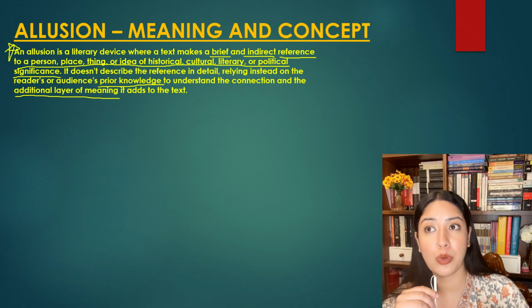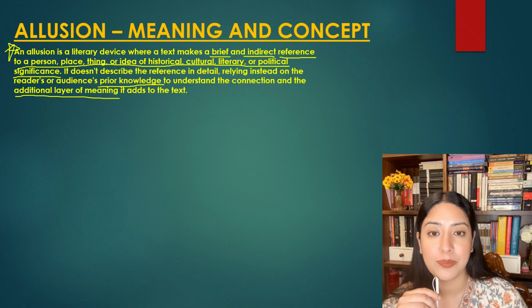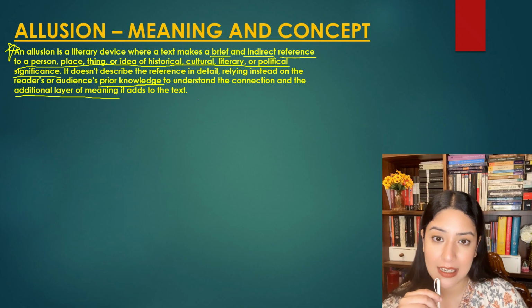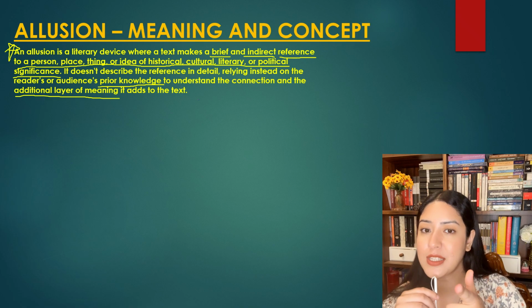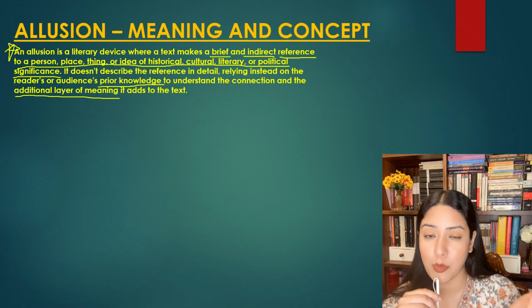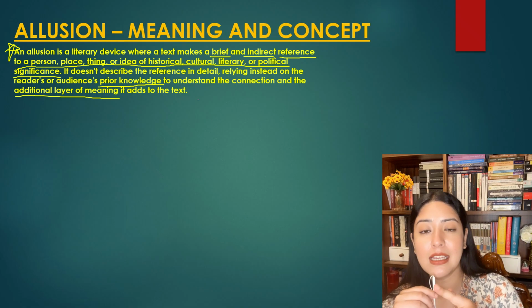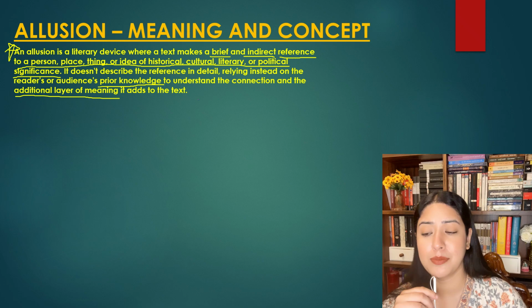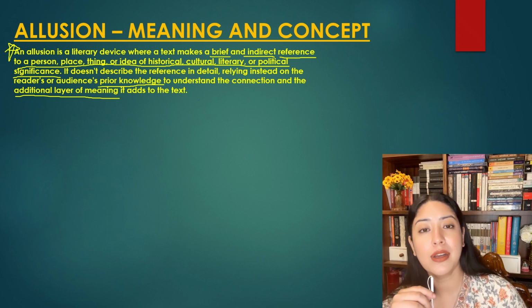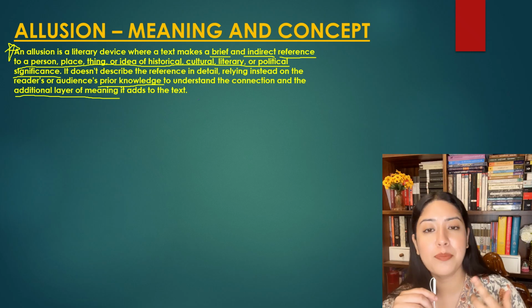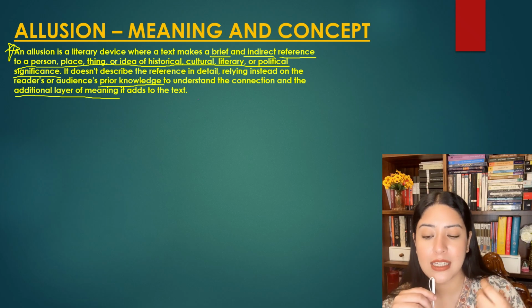So, allusion, like in Animal Farm. Animal Farm is an allegory, but it employs allusion. What is an allegory? I told you in one of my other videos that an allegory is a literary device, a story, a poem, or a picture, which actually tells a story.